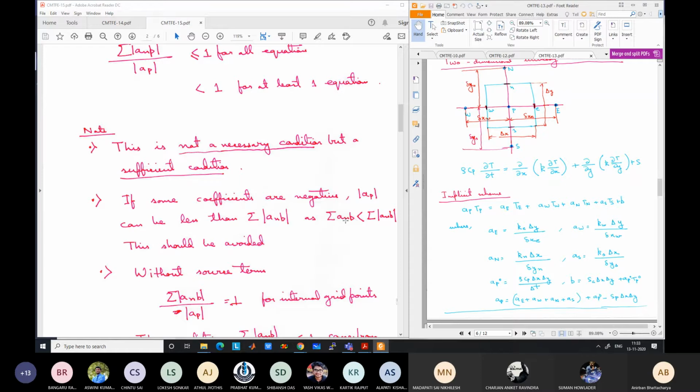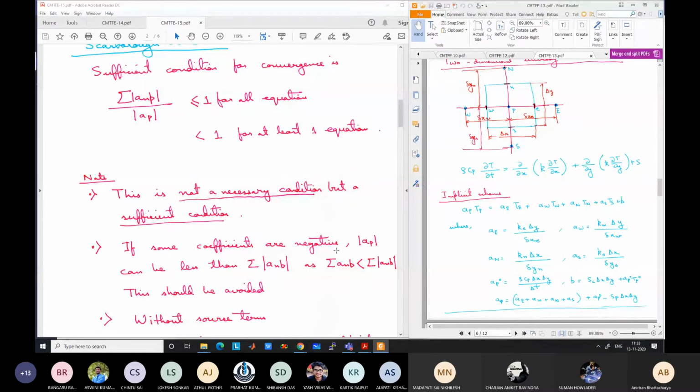The total value would have been less as compared to the summation of mod of A and B, where you take only the positive form of the values. In that case this criteria will not be satisfied, because AP will be equal to the summation of A and B, and the summation of A and B is less than the summation of mod A and B. So this value will be greater than 1.